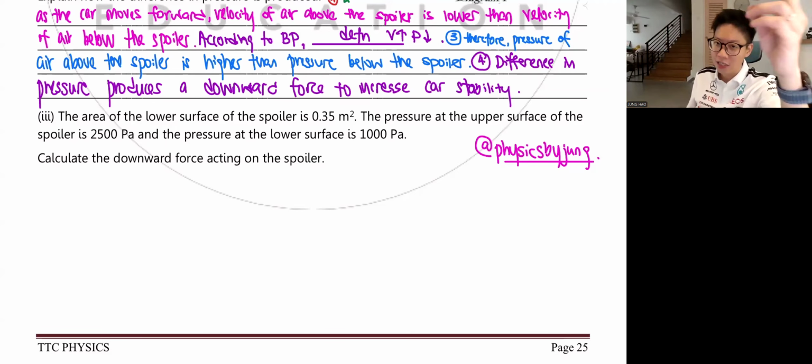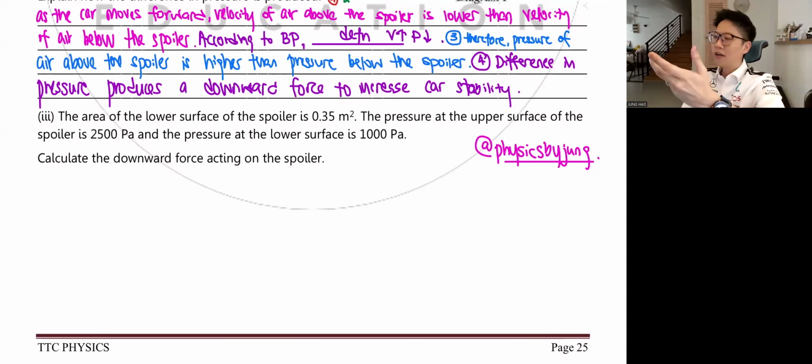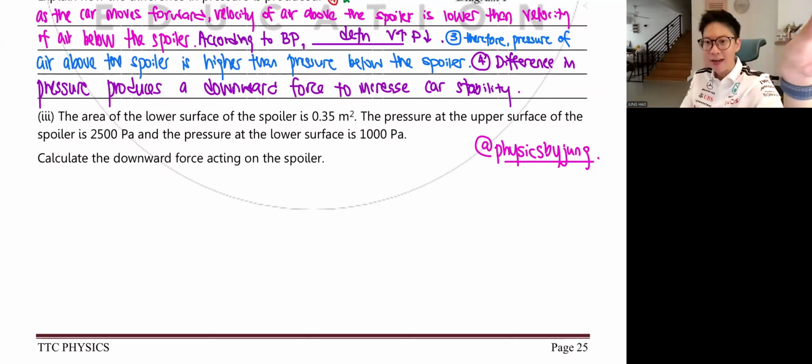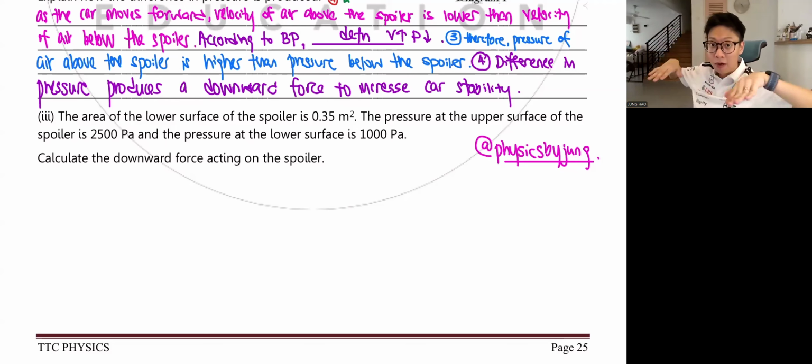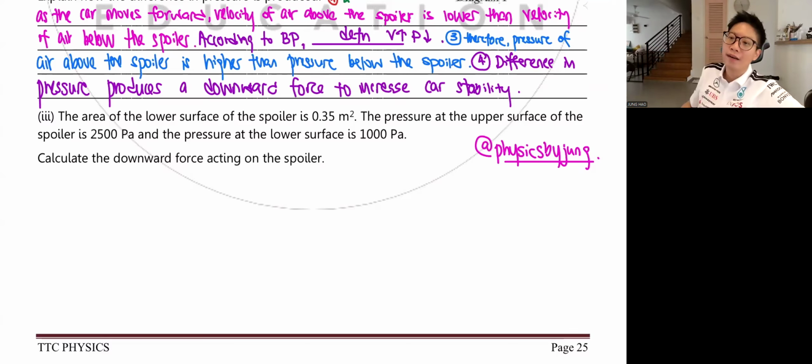Does your papa's car need a spoiler? No need. At that point, do you want downforce? No need. You just want aerodynamic, reduce air resistance so that the car can go faster. But if you are racing car, you want it to be stable so that you will be able to turn at higher speed. So therefore, that's different.